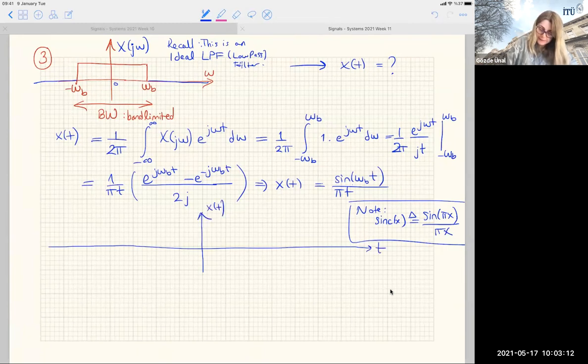Okay? I mean, it's not easy to draw this beautifully, but just doing my best. So this is 0. You can find what this value is. It's omega b over pi at this point. These are important.